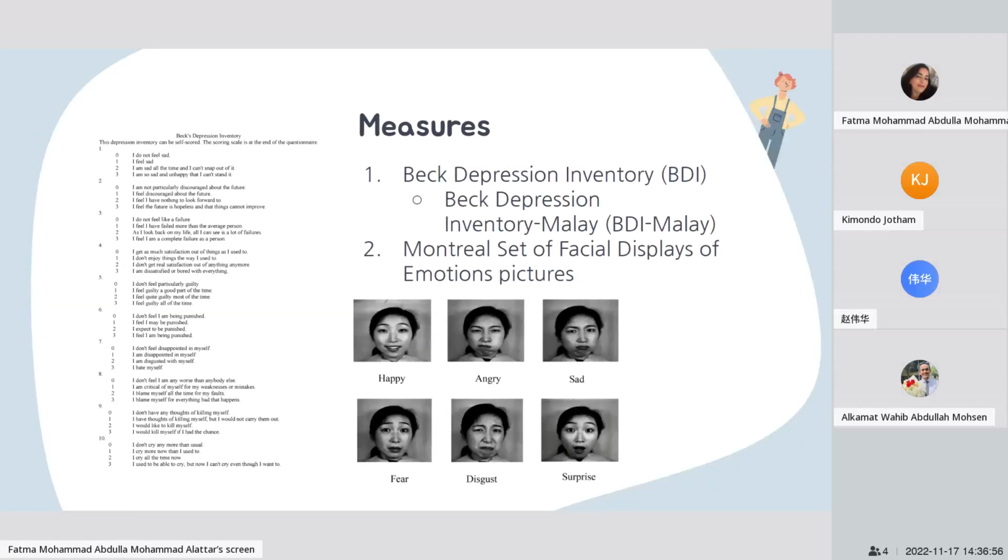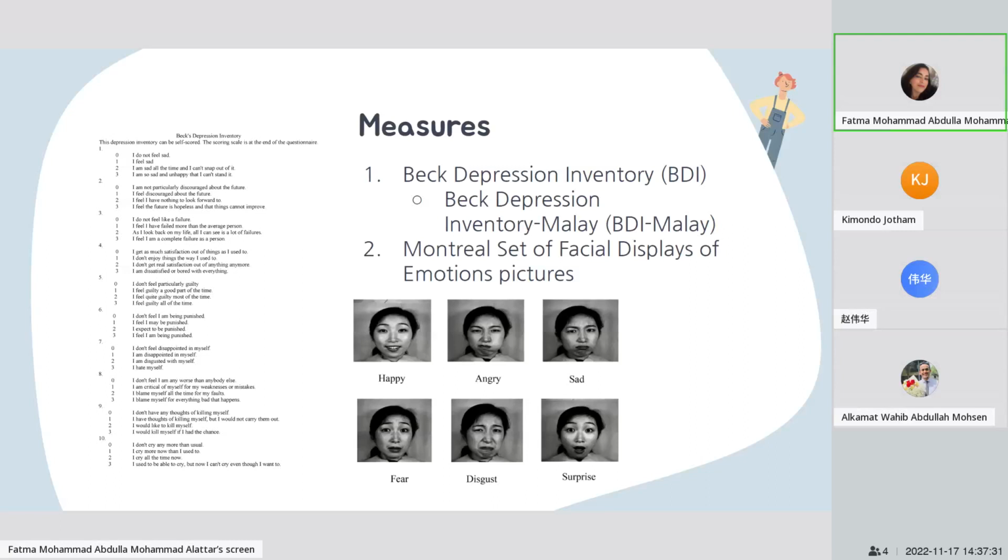So the measures taken in this experiment were two. The first one is the Beck Depression Inventory, BDI for short, and the Beck Depression Inventory Malay, BDI Malay. The BDI assesses the severity of depression in people. Each part of the assessment has a rating system of 4 points, from zero meaning no symptoms to 3 meaning severe symptoms.